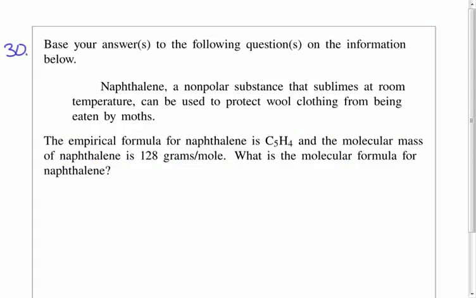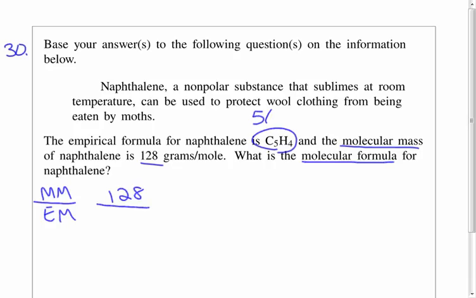For number 30, we do not have any answer choices. We're going to come up with the molecular formula all on our own. We have the empirical formula given. We have the molecular mass is 128. Same process. We have 128 on top.